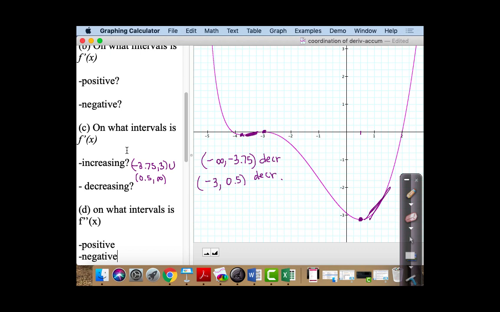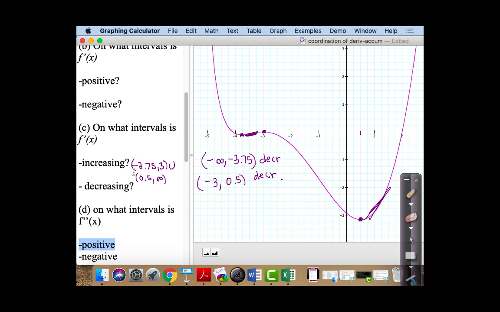So the second derivative of f, sorry, I didn't make it all italicized and nice, meaning the derivative of f prime, would be positive precisely where f prime is increasing. So these here are the intervals where f's derivative, the derivative of the thing we're looking at, is positive: negative 3.75 through negative 3, and again from 0.5 through infinity.